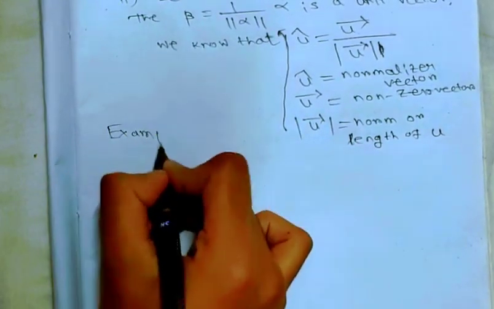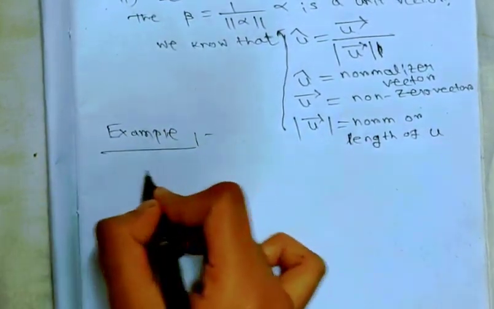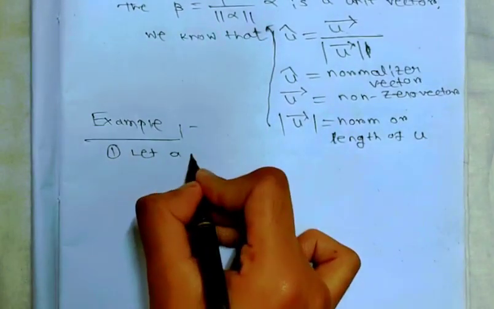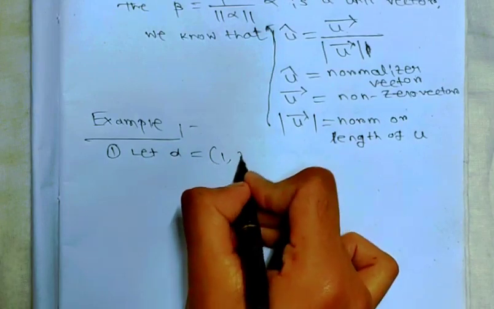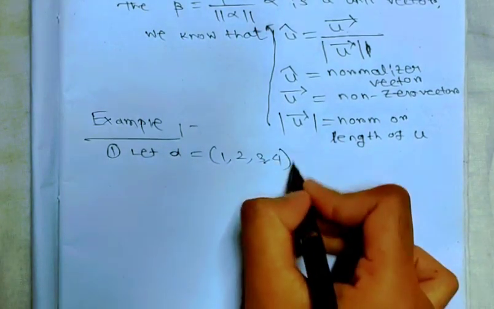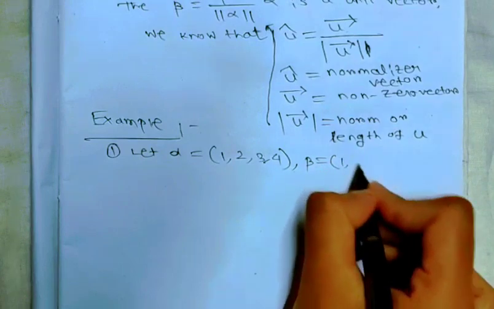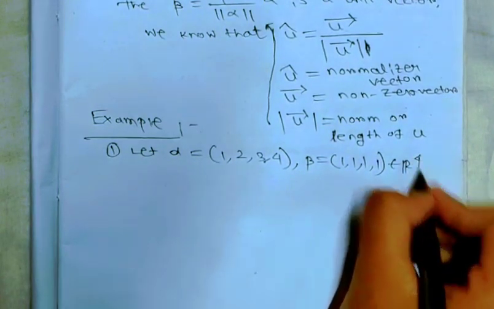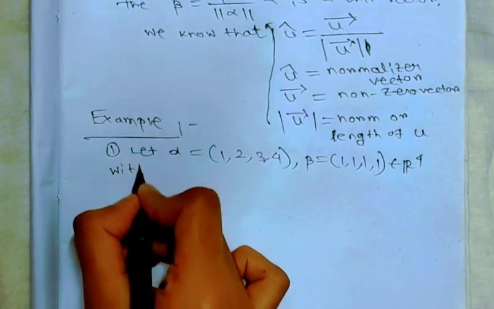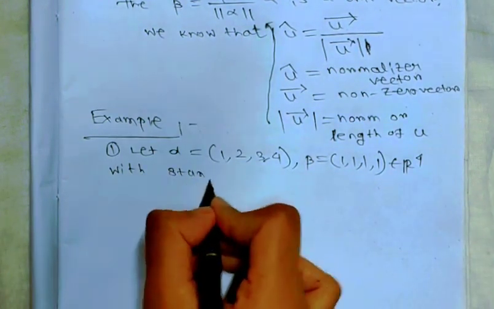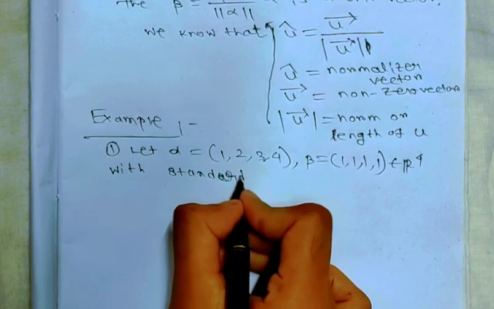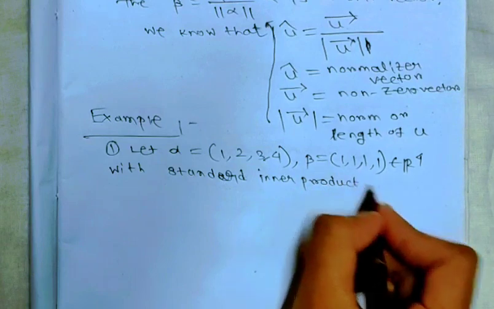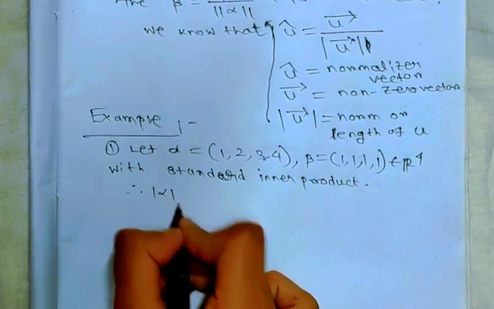Example: let alpha equals (1, 2, 3, 4), beta equals (1, 1, 1, 1) belonging to R4 with the standard inner product. Now what is norm alpha?